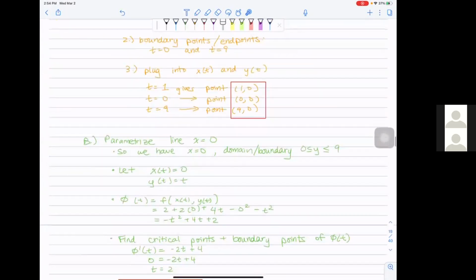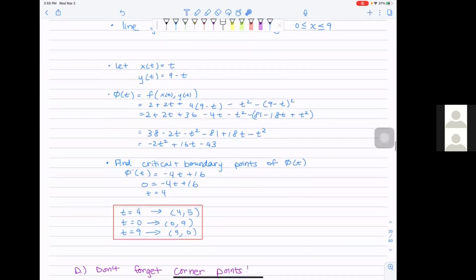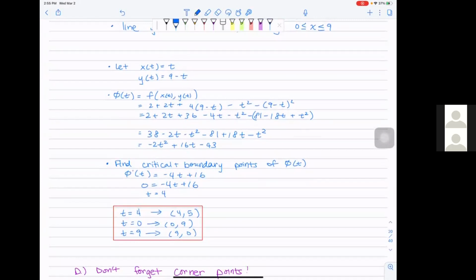9 minus x. Find the slope, get a point, make an equation, plug that equation in, get x. You know what I mean?